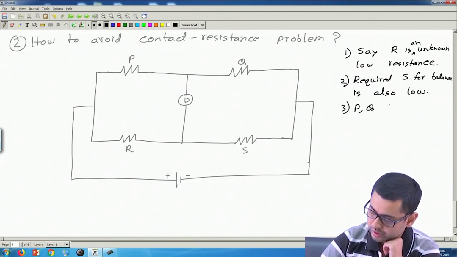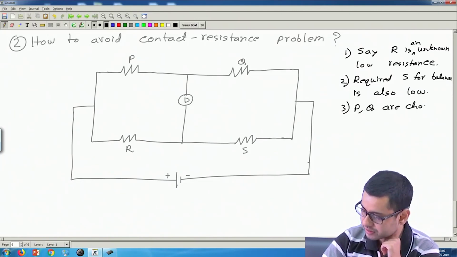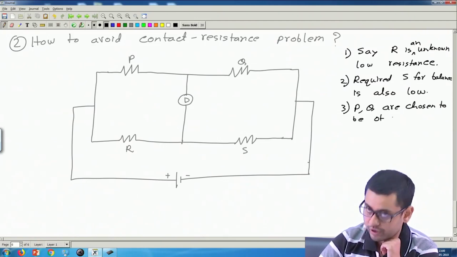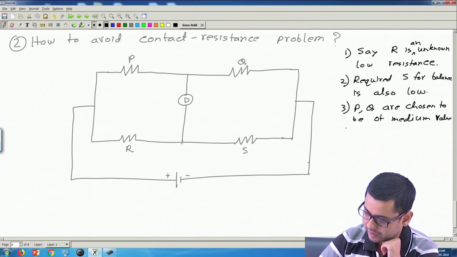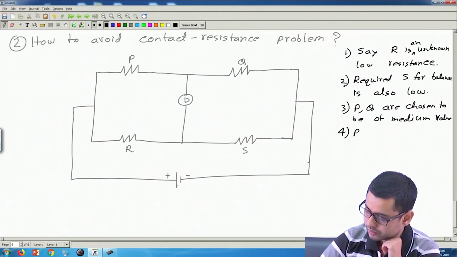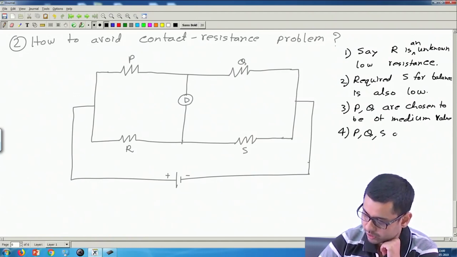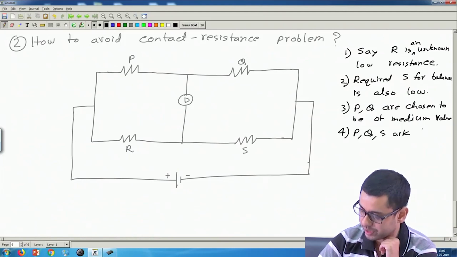P, Q are chosen to be of medium value. Okay. And P, Q, S are known and variable.